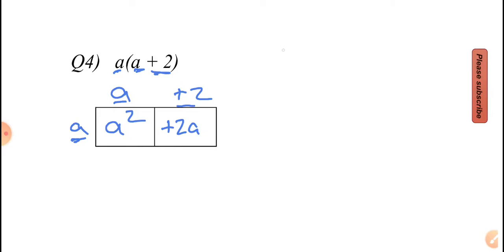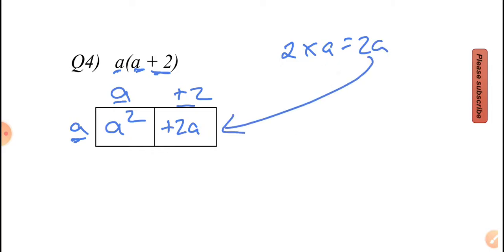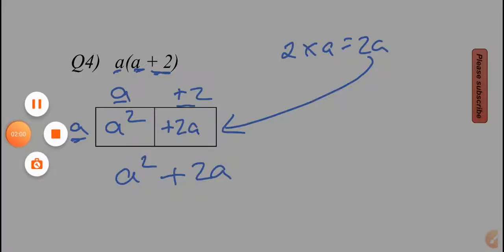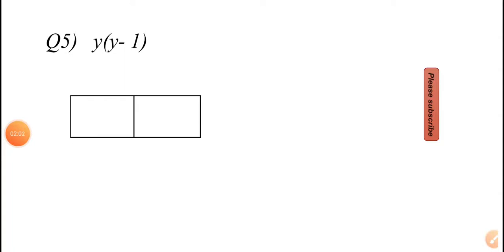So 2 times a is just 2a, which is what we've written here. So the final answer would be a square plus 2a.